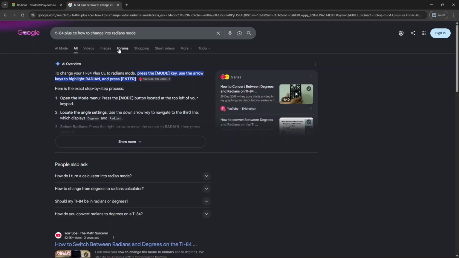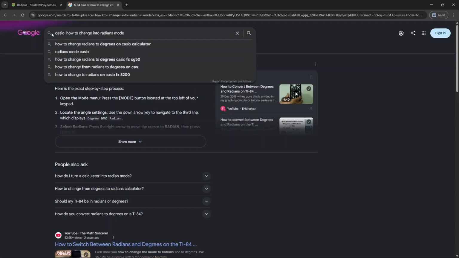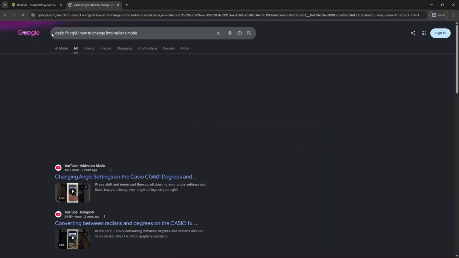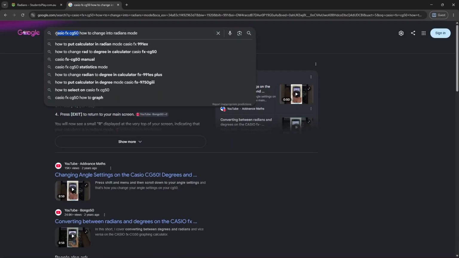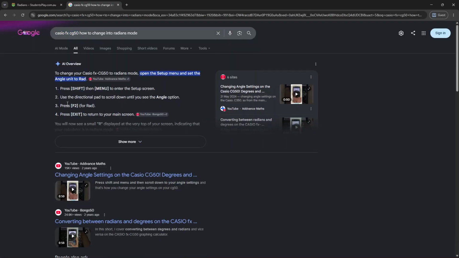Nice. The other main model that we use in Australia, in Queensland, is Casio something. So you just look up Casio, I think FX-CG50. That sounds familiar. That's the other one. So just look up what calculator model you have and then follow the instructions. And that works for anything, by the way.